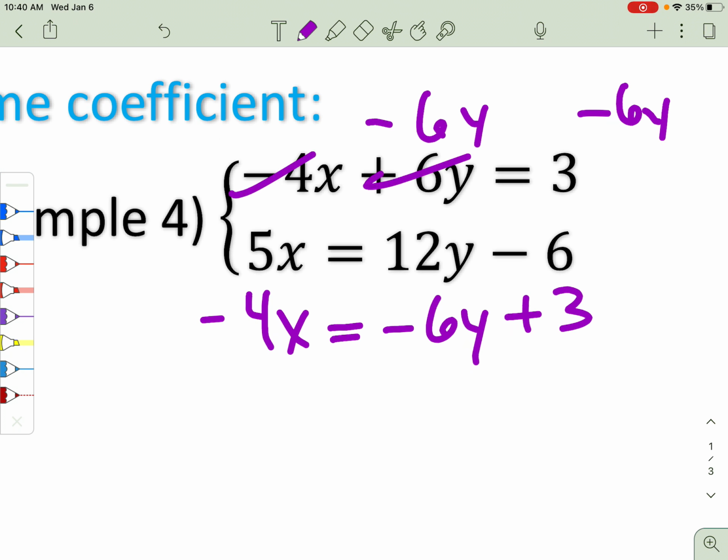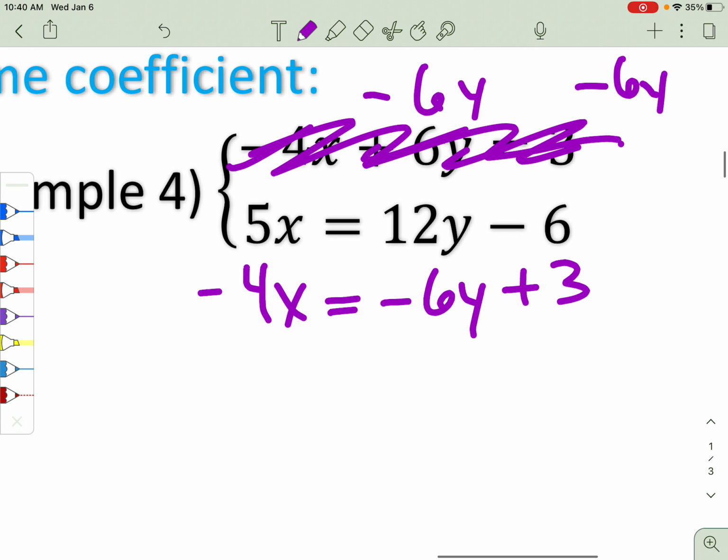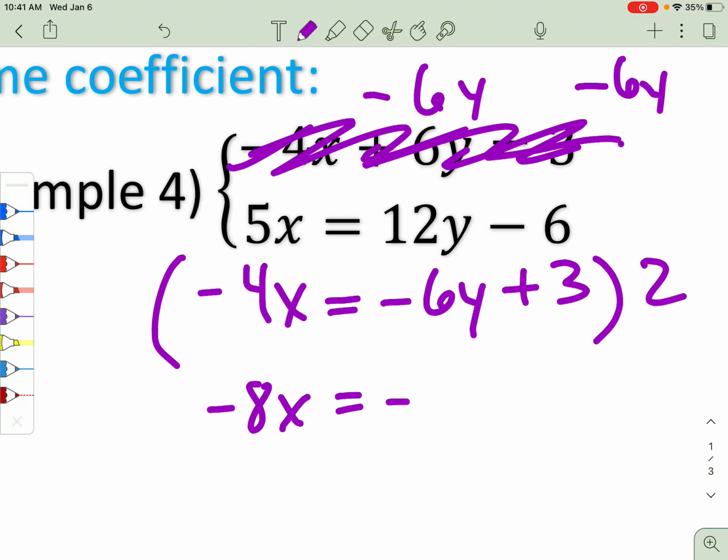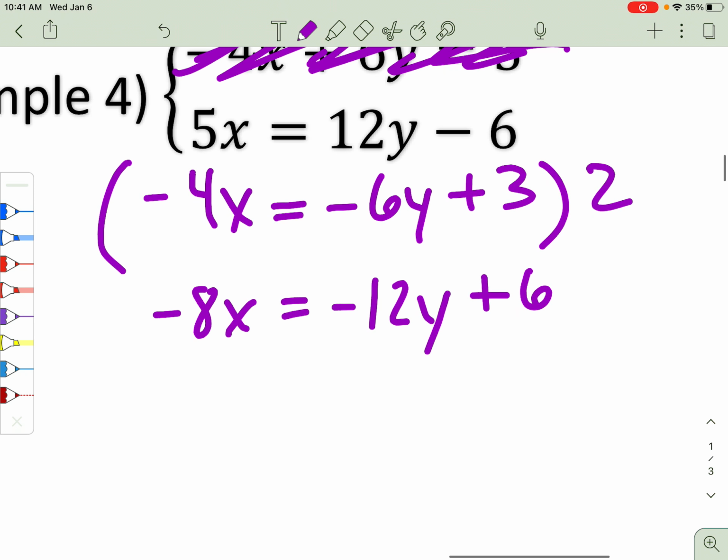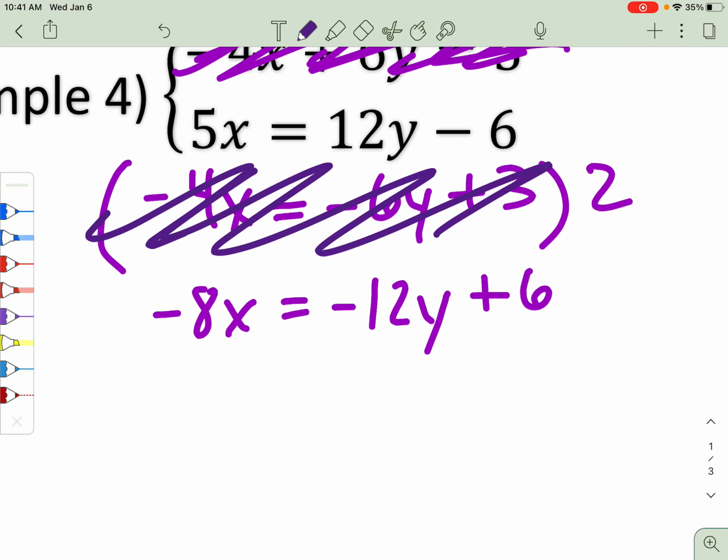Okay, so now I have these two equations. Now again, they still don't cancel, so I'm going to multiply this one by 2, and that should get these two to cancel, right? Okay, so I now have negative 8x equals negative 12y plus 6. Okay, and so we don't need this anymore.